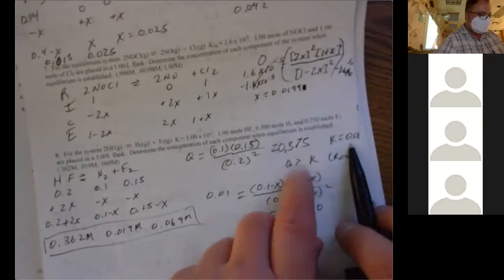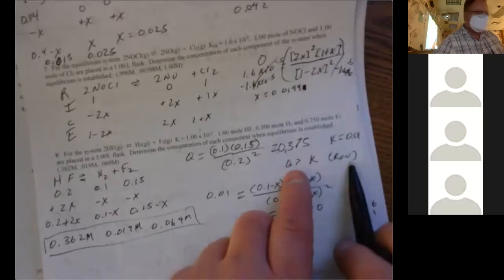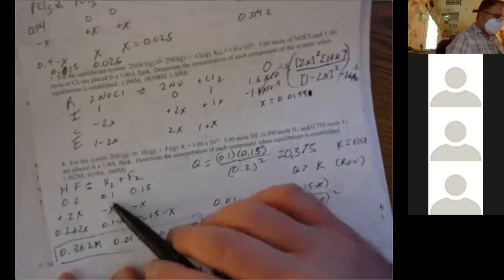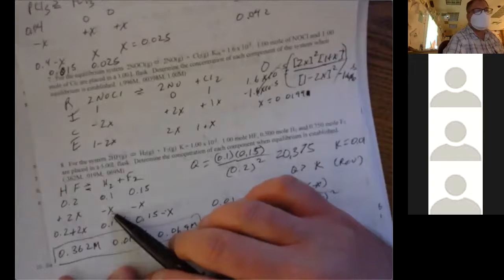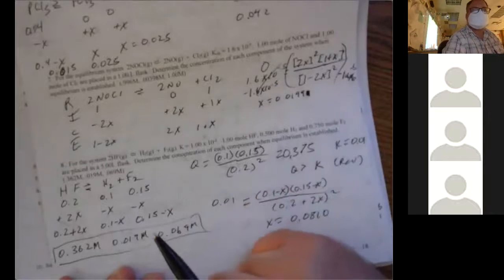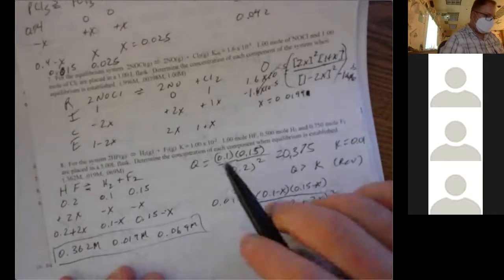It's greater than. So we have to go in the reverse reaction way. If Q is greater than K, then reverse reaction is favored. So that's how we knew on this one we were subtracting from here and adding to here. Okay, so if there's no zeros, you use Q and you compare it to K. You got it. Yep. Okay, thank you.